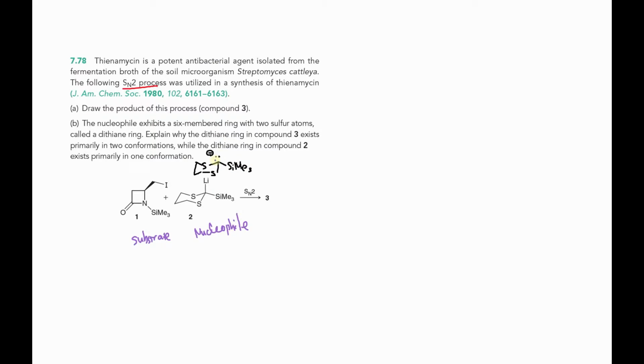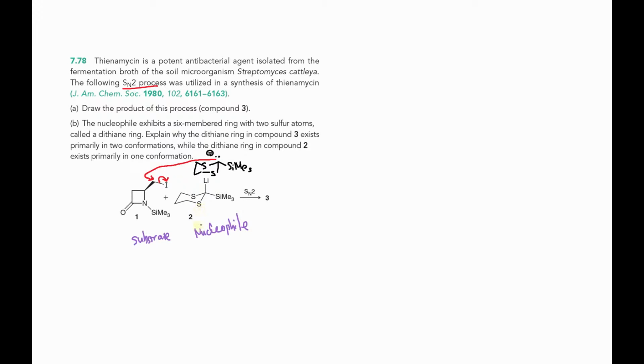And that lone pair with a minus charge is going to attack. Since this is SN2, it's a one-step process where the nucleophile attacks and the loss of the leaving group happens at the same time. We can draw this with the substrate stationary and the nucleophile attached to it, but then that's going to change the shape of our ring, the dithiane ring.